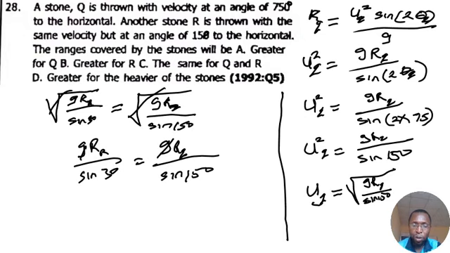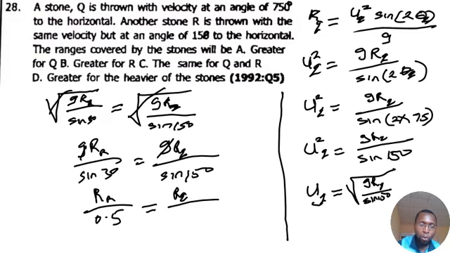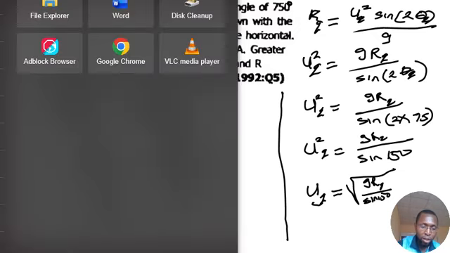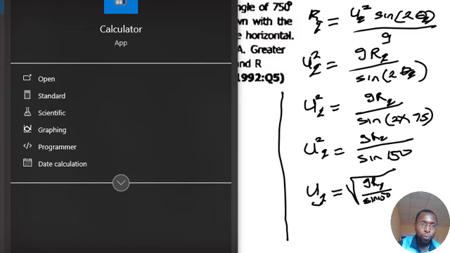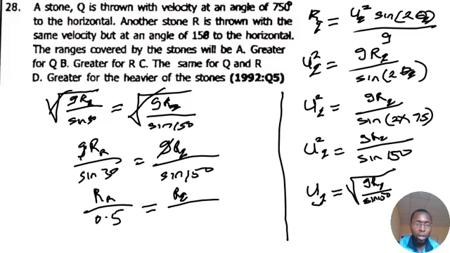So from here, sine 30 is 0.5. So we have R over 0.5 equal to R Q over sine 150. Let's find out for sine 150, what would that give us?